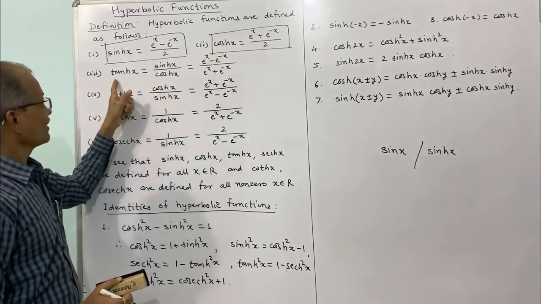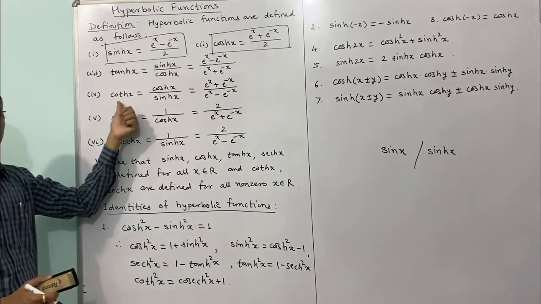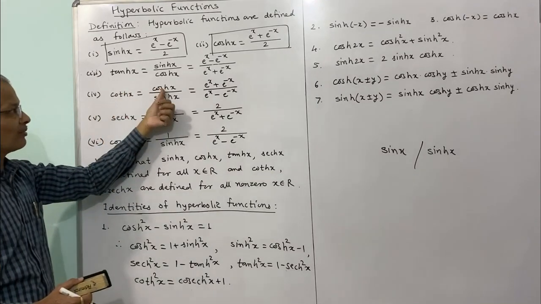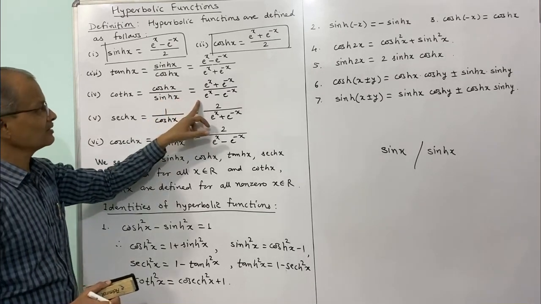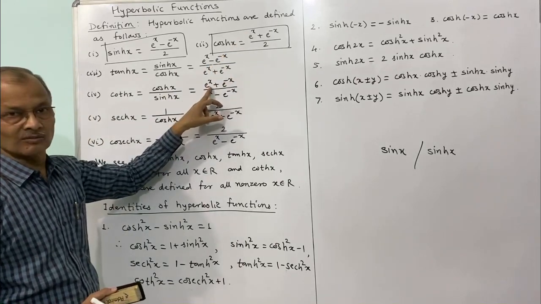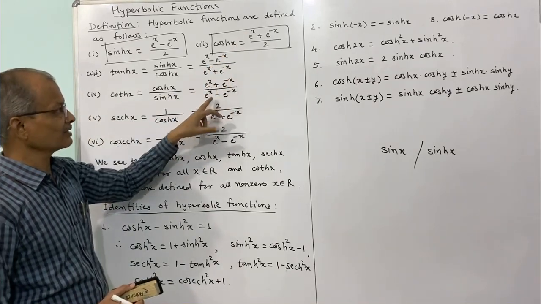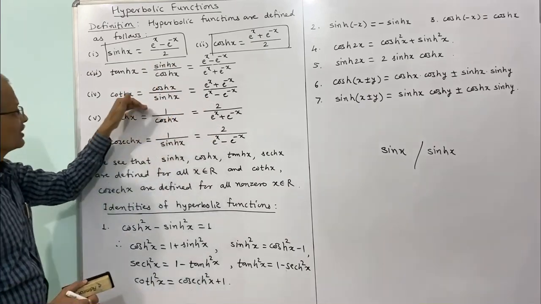That is hyperbolic tan x. And what about hyperbolic cot x? That is hyperbolic cos x divided by hyperbolic sin x, and this is equal to, see, this will be at the numerator, e to the power x plus e to the power negative x divided by, and this is at the denominator.